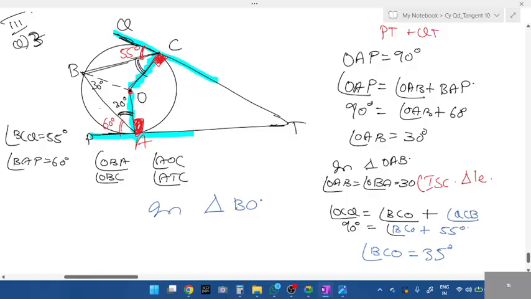In triangle BOC, which two angles are equal in triangle BOC? Okay, you can write BCO is equal to OBC. Isosceles triangle. So even this will be 35 degrees. 35. So one is 30 degrees, the other one is 35 degrees.